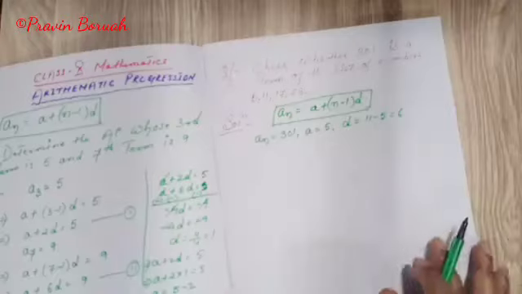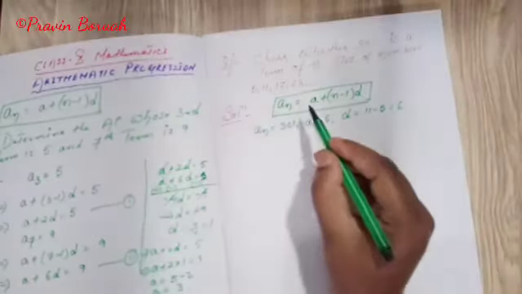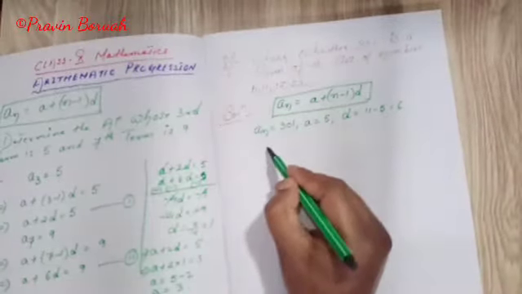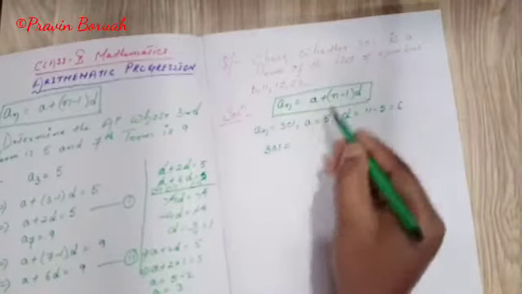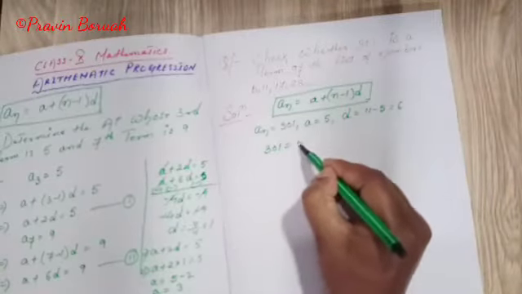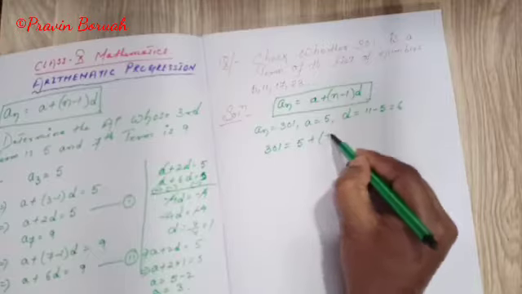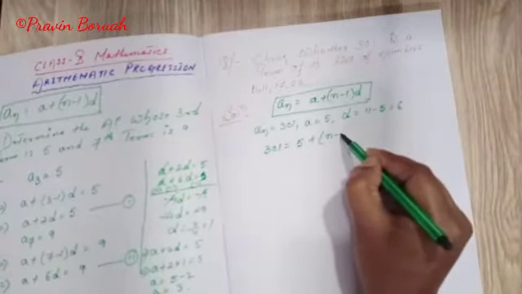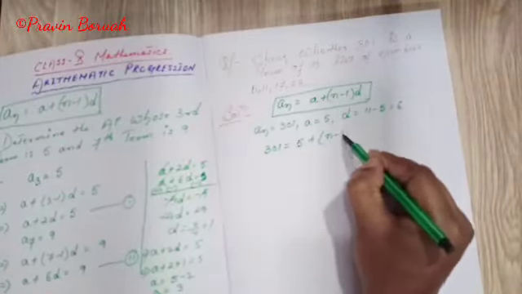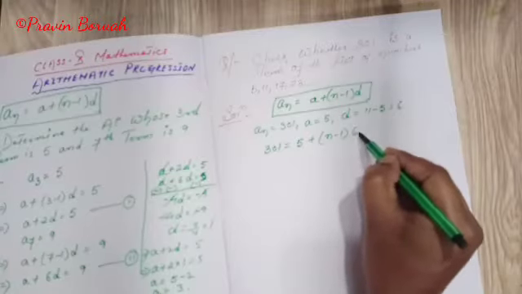Now put these values in this formula. So an is equal to 301 is equal to a, which is 5, plus n minus 1, and we have to find n, so I will write n only, n minus 1, into d, what is d? d is 6, into 6.